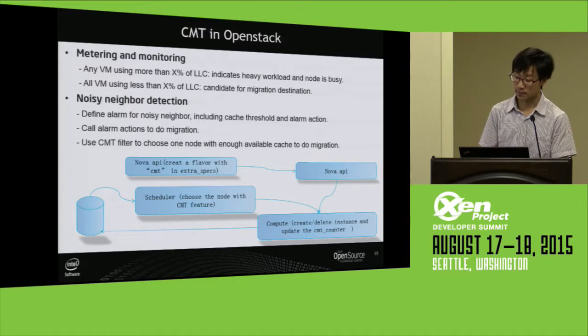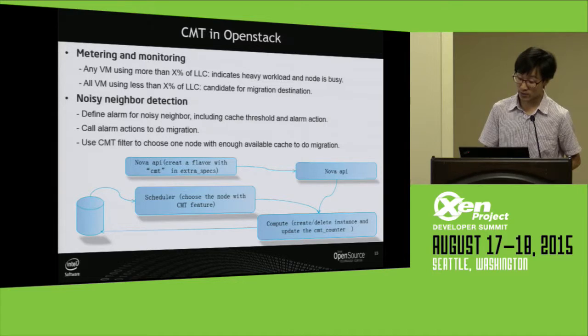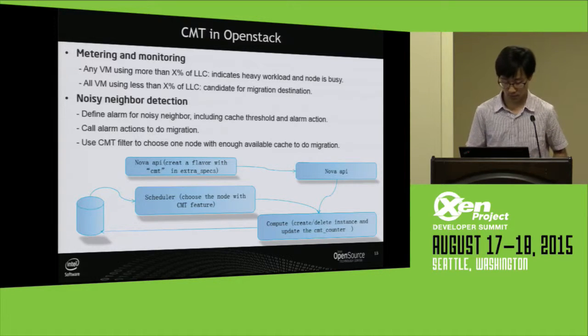Then we can migrate it to some other host, so that the QoS for the VMs in the same host will not be impacted. See? So even without cache allocation, cache monitoring alone can be used for improving the QoS somehow.